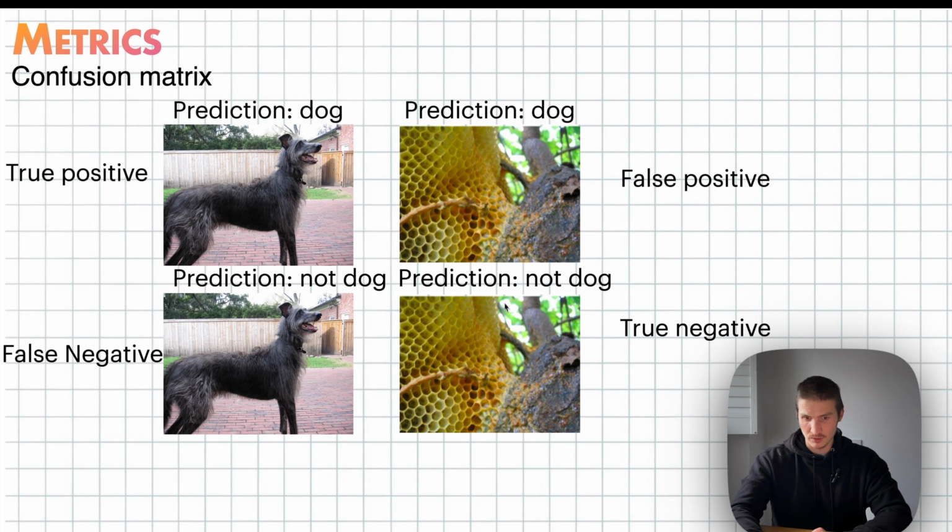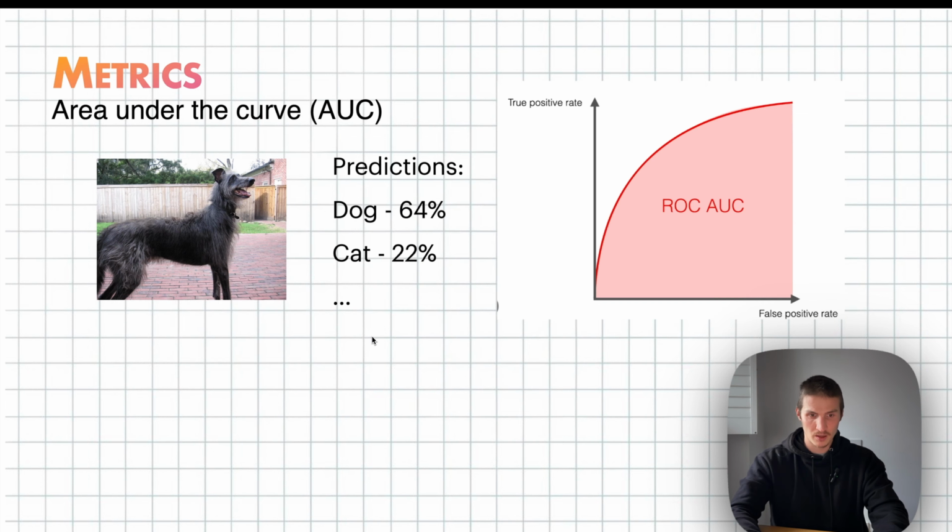In the down right corner, we have true negative. So there is no dog in the picture and the model correctly predicted that there is no dog. And then in the top right corner, we have false positive. So there is no dog, but the model thought that there is a dog for some reason. And in the bottom left corner, we have false negative. That is when there is a dog, but the model didn't recognize it as a dog.